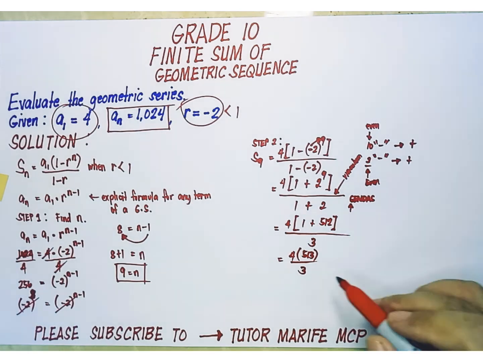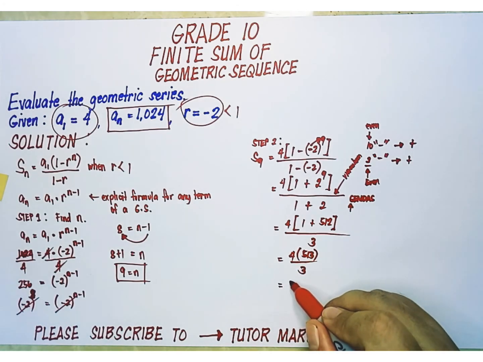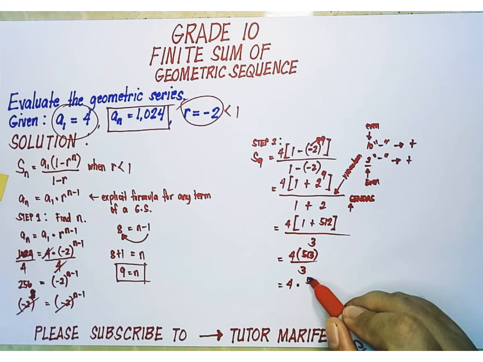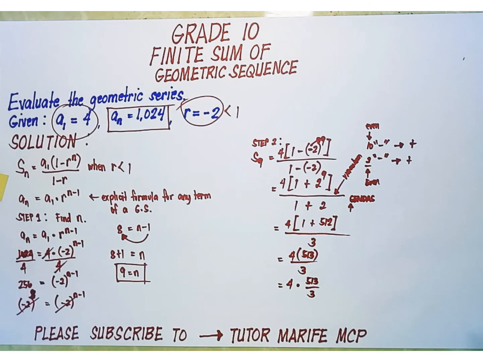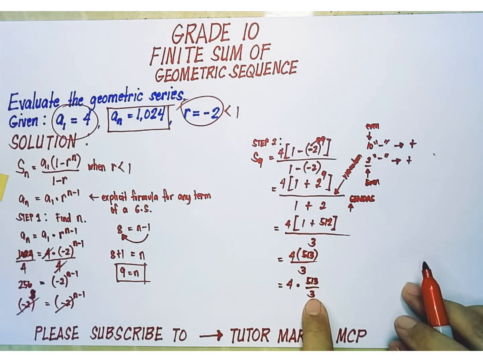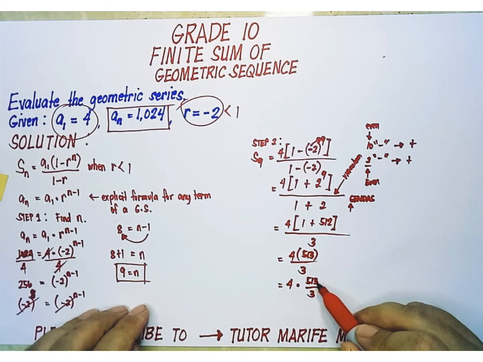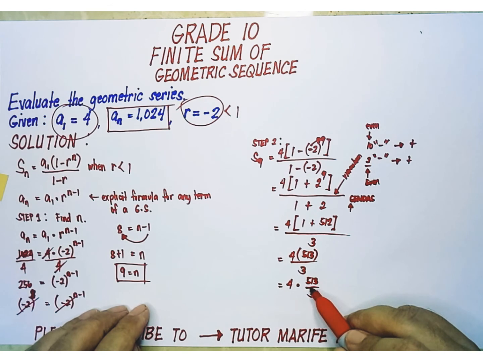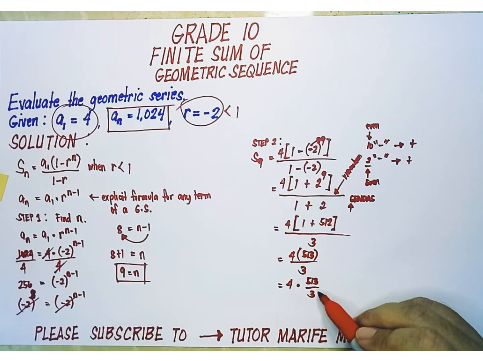Okay? You can reduce before you multiply. Kasi pwede mo ring i-rewrite ito na 4 multiplied by 513 over 3. The same lang yan. So, pwede kang mag-reduce before you multiply by 4. So, 513, is this reducible by 3? You add the digits. 5 plus 1, 6 plus 3, 9. If the sum of the digits of a number is a multiple of 3, then the number is divisible by 3.